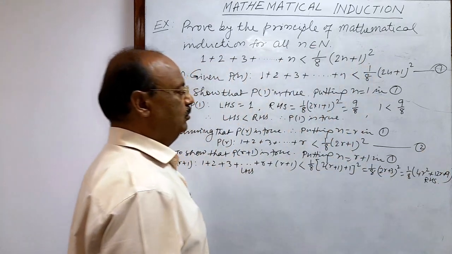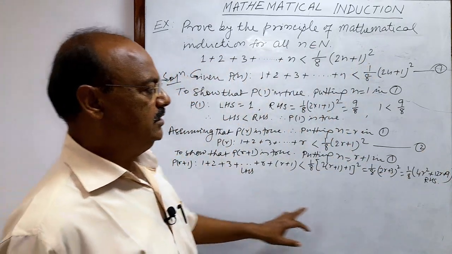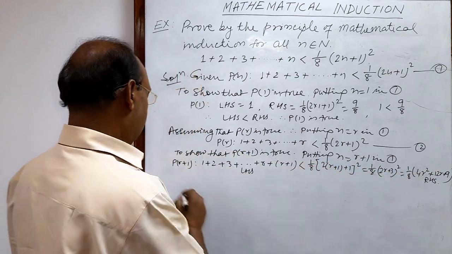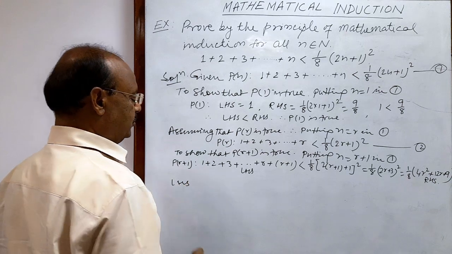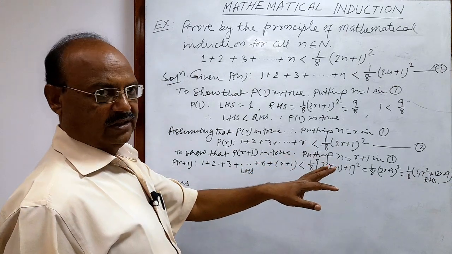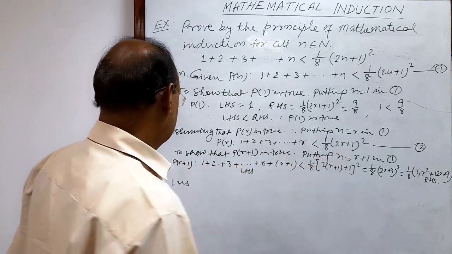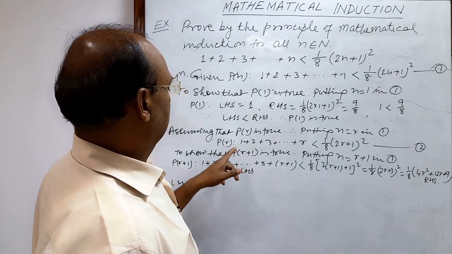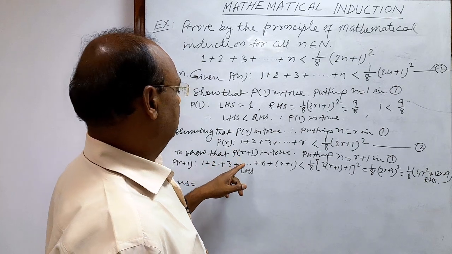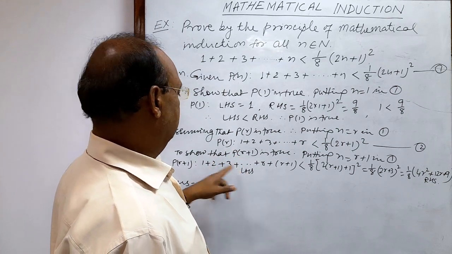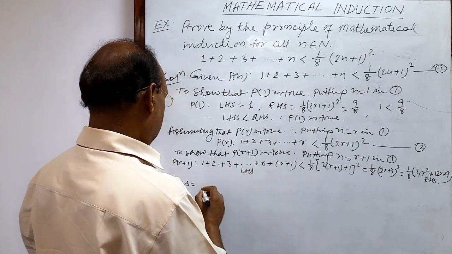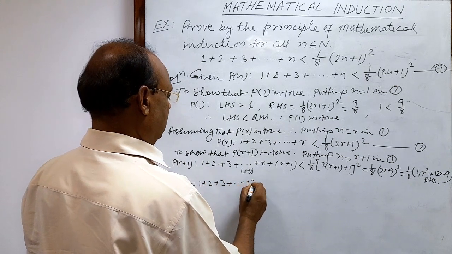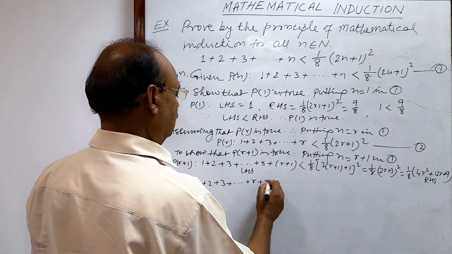And here we have to show that LHS is smaller than RHS. So let us start with LHS here and we will show that LHS is smaller than RHS, then it will be proved. So LHS is 1 plus 2 plus 3 plus ... plus (r plus 1).